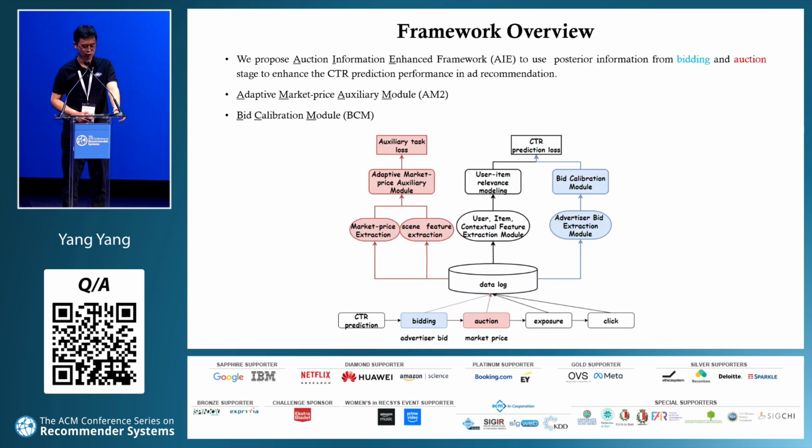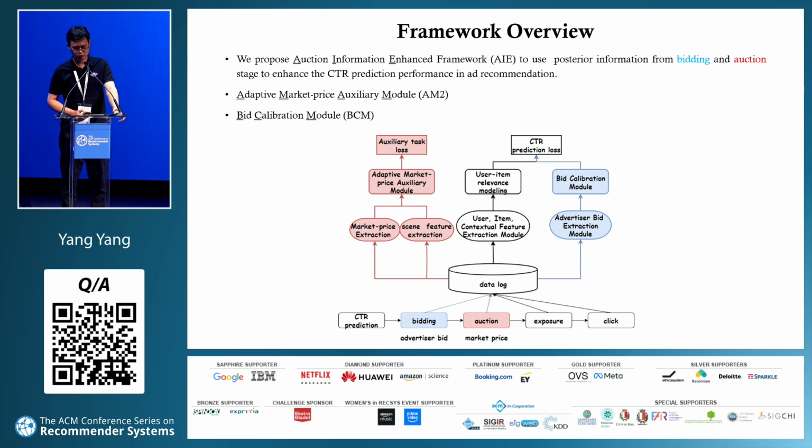So this is our framework overview. The black part is the basic skeleton of click-through rate estimation, which utilizes exposure click-through rate data as well as user, item, and contextual features to model the relevance of users and items.